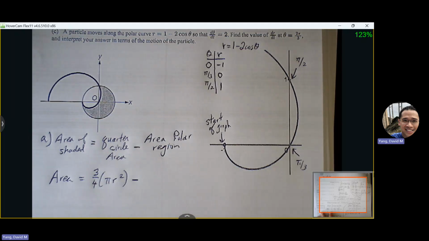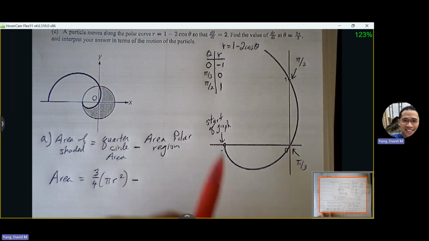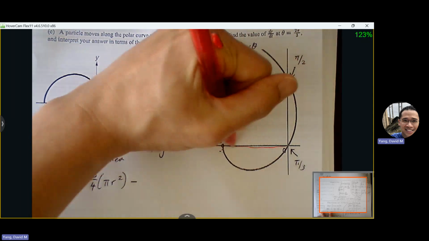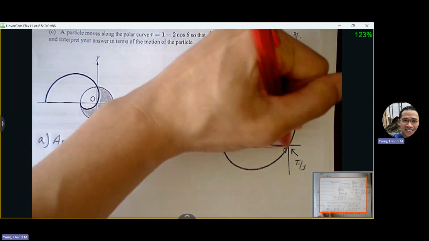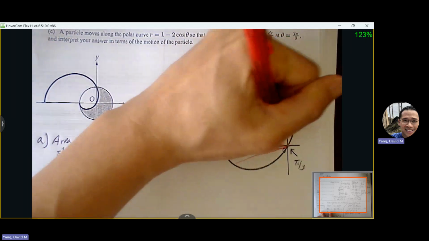So the area that will be created, remember, all area of polar starts with a polar 0 and it fans out to the curve. So from 0, it's going to start accumulating like this, all these sector regions coming out like this.